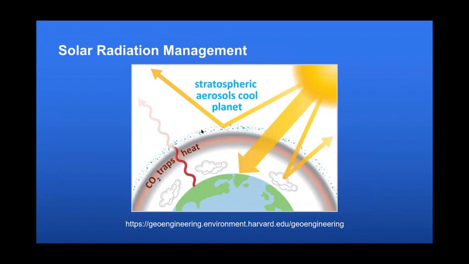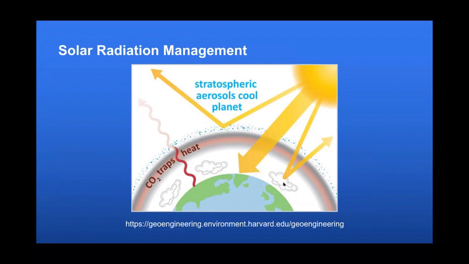For example, spraying with high altitude aircraft, spraying sulfur dioxide in the stratosphere so that the sun's energy bounces off and simulates getting the planet into that Goldilocks zone by reducing how much solar radiation comes into the atmosphere.